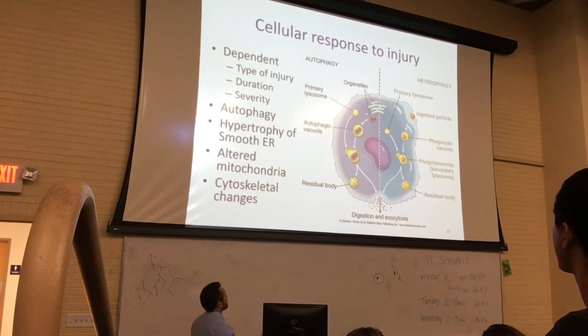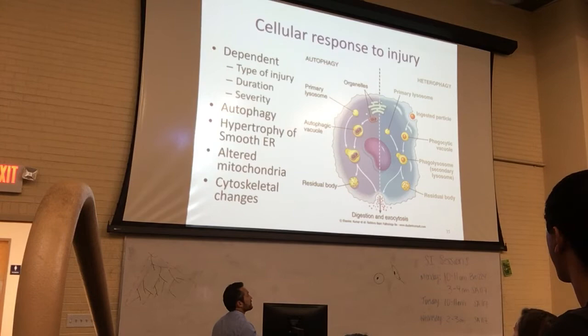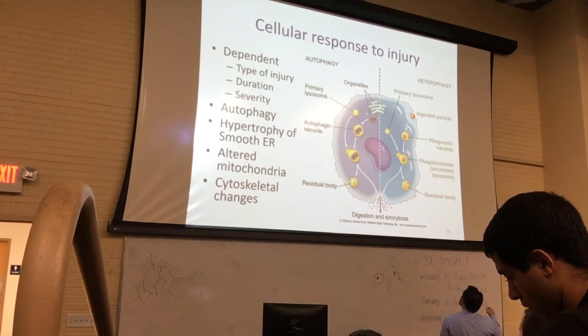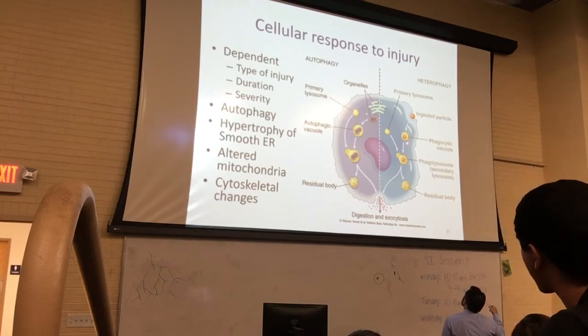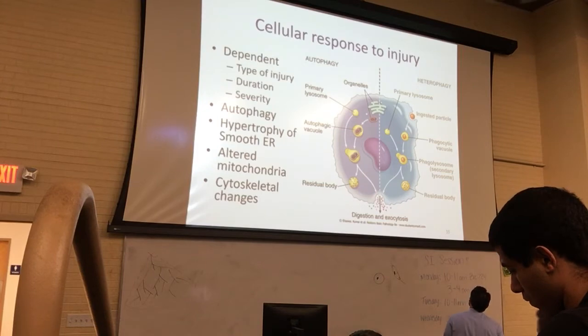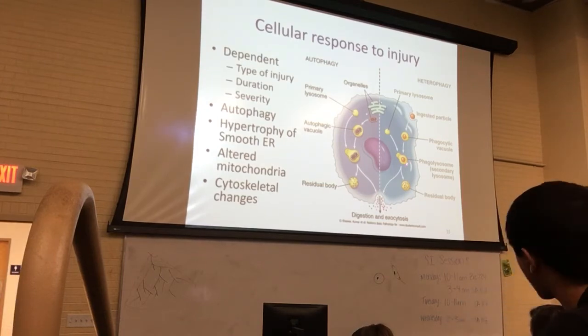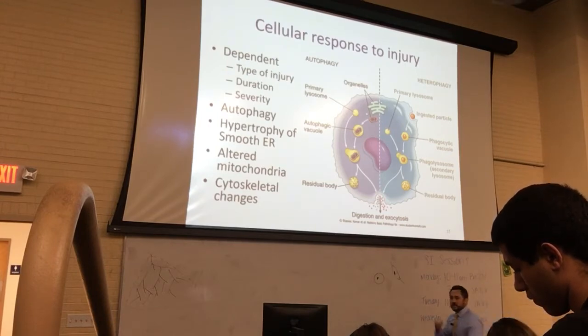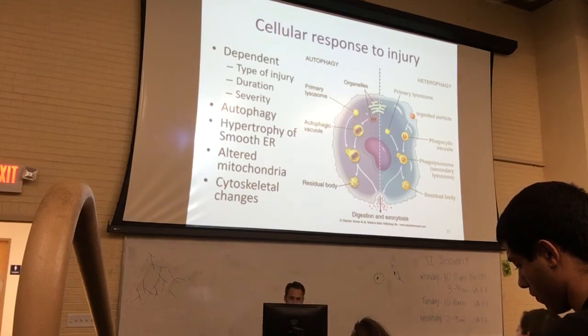Or in heterophagy, the cell might actually consume some particle that another cell released and bring it in as an ingested particle in a phagocytic vacuole, fuse it with the lysosome. Now you call it a phagolysosome, break it down into constituent parts and exocytose it or use it for itself. Right? So two completely different responses that can take place.